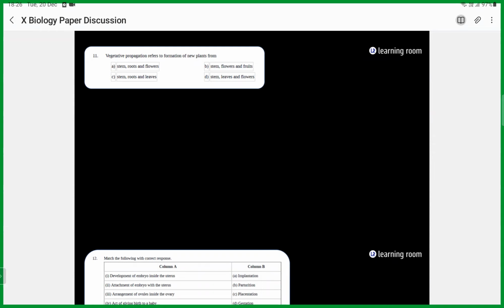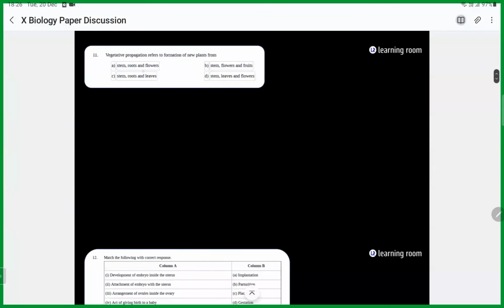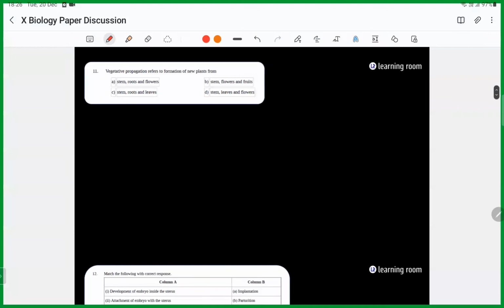Why not the rest of the three? Flowers and fruits are associated with sexual reproduction. Flowers are the reproductive organs, and fruits are formed from the flowers.